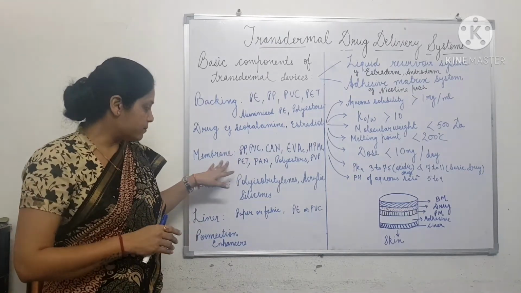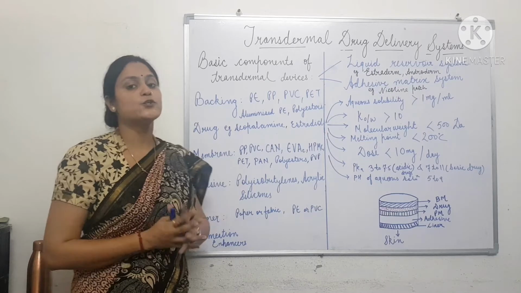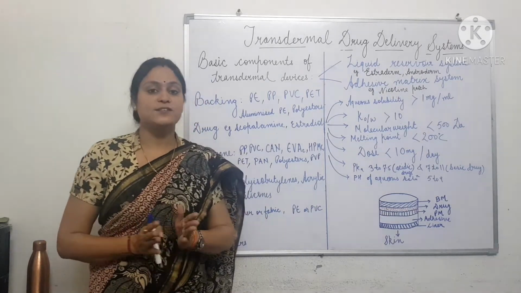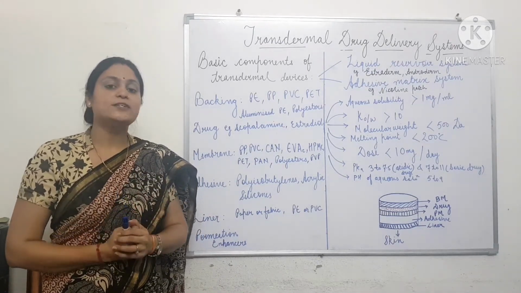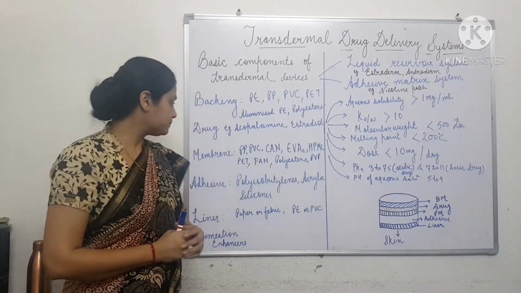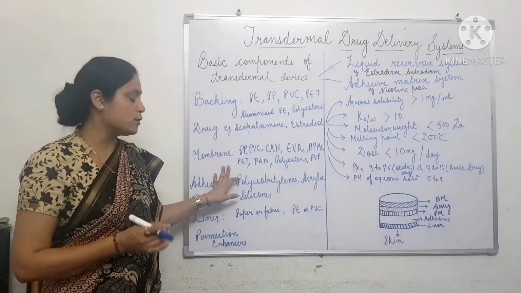And the most important property of this polymeric membrane is that it should be compatible with drug molecules and other excipients such as permeation enhancers, which are especially added in transdermal patches to increase percutaneous absorption. These polymeric membranes should also be inexpensive.